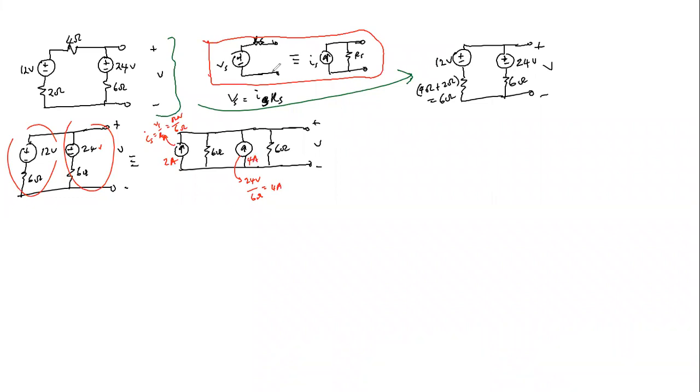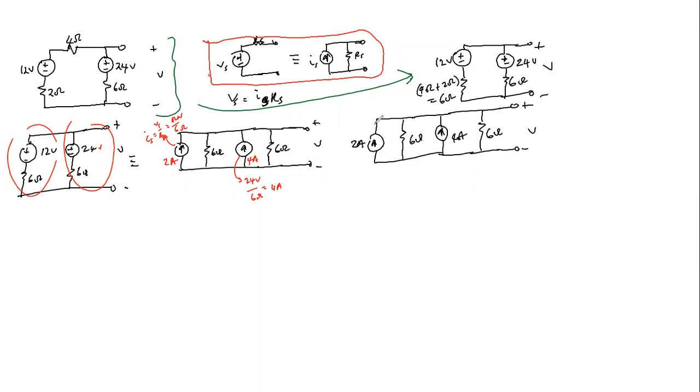So what we now have is the current source, parallel with the 6 ohm resistor, this is 2 ampere. And the current source, this is 4, with 6 ohms, and this is plus minus V.